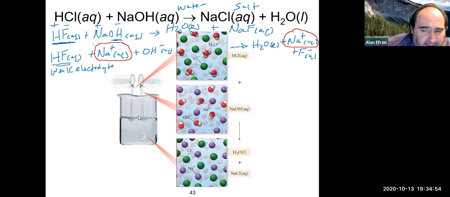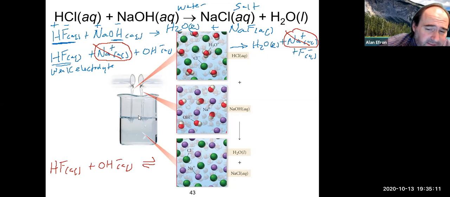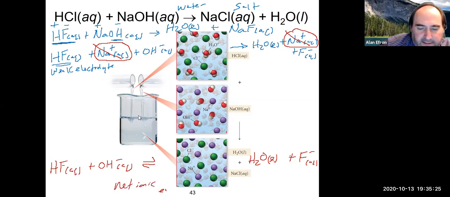So the only spectator ion in this case would be the sodium, and we would be left with our net ionic equation, which will look like this. Again, our HF still together, plus our hydroxide. And because really it's a weak electrolyte, you actually would have the two arrows. Not super important for our class, but that's probably what you would have going on there. We would have our water plus our fluoride here. And this would be our net ionic equation in this particular case.